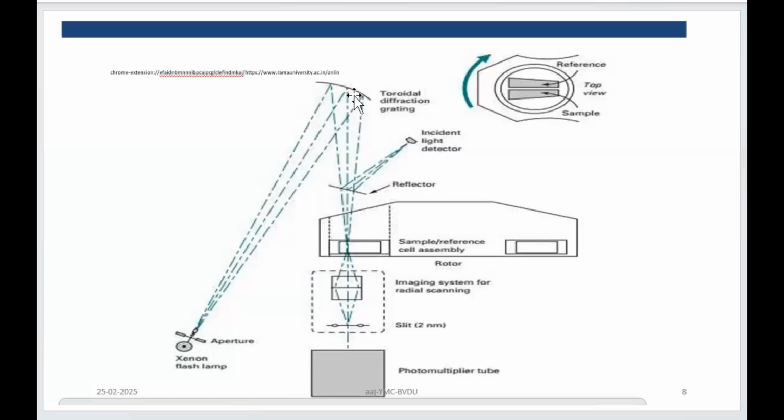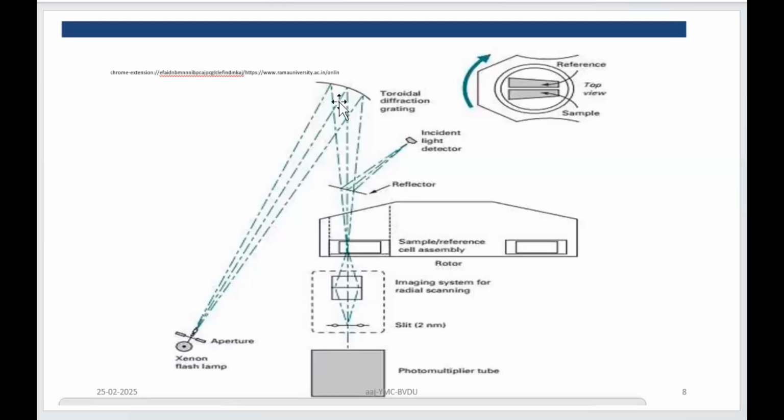So diffraction gratings are going to be helpful in selecting a specific nanometer, specific wavelength, and that will be allowed to pass through. Now this is your centrifuge chamber, and this is the window. While sedimenting, the particle will be coming in this zone, and the light system which is attached to it will be characterizing it.